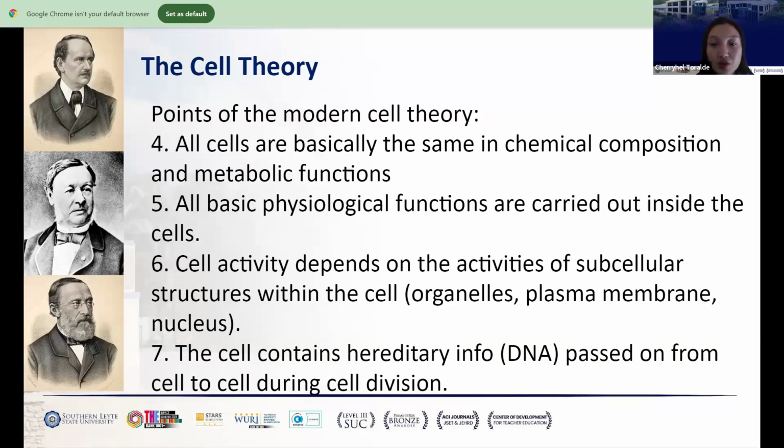And then next also the plasma membrane, and then the nucleus.